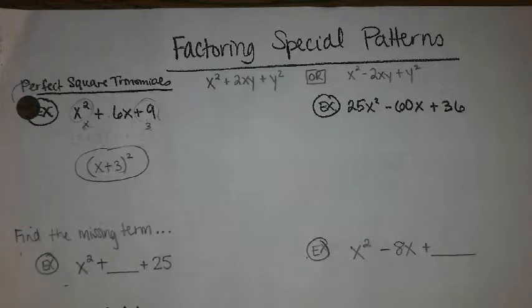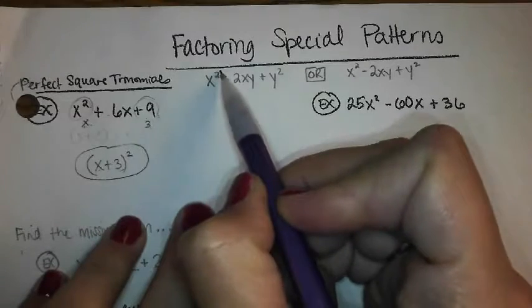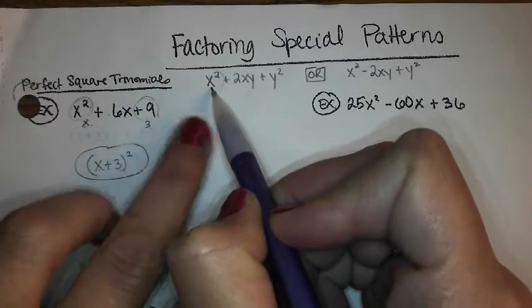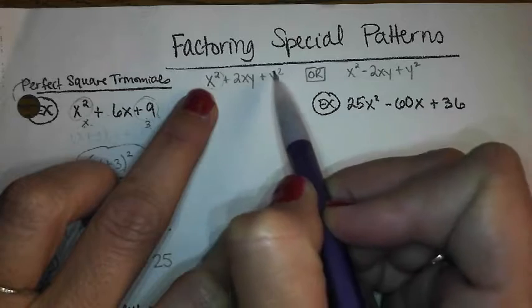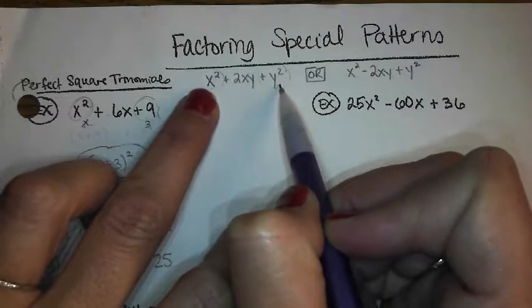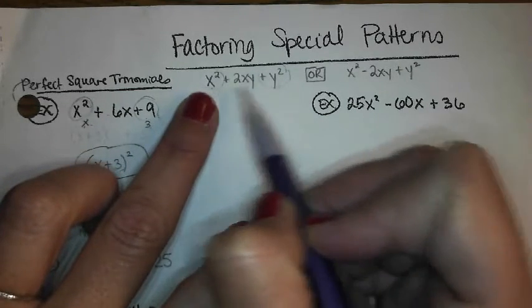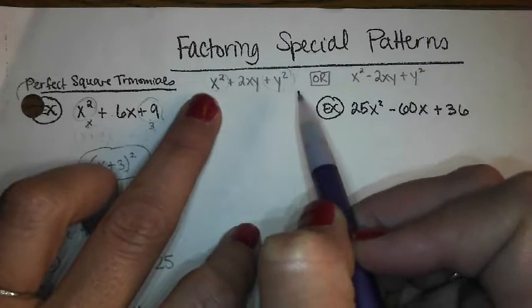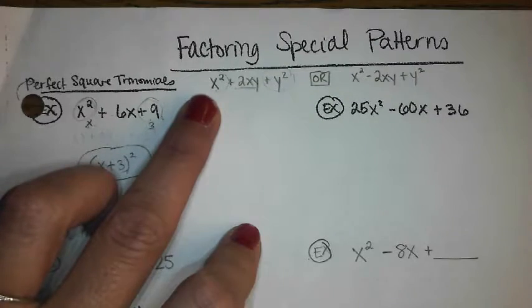You're good. Thank you. Okay, so this is the general format of what makes something a perfect square trinomial. This is a perfect square with a square root of what? X. This is a perfect square with a square root of y. And when you multiply x times y, you get xy. And the middle term is double that. Okay?